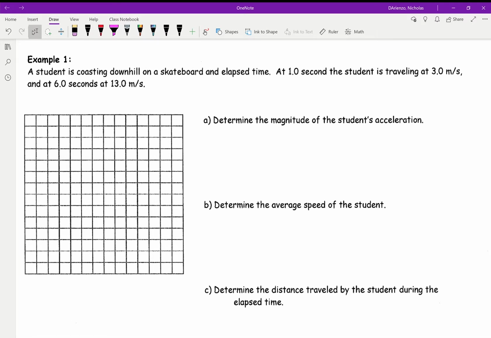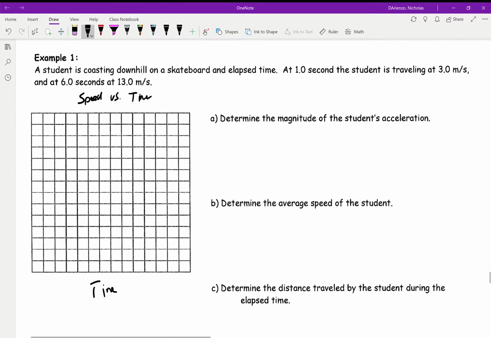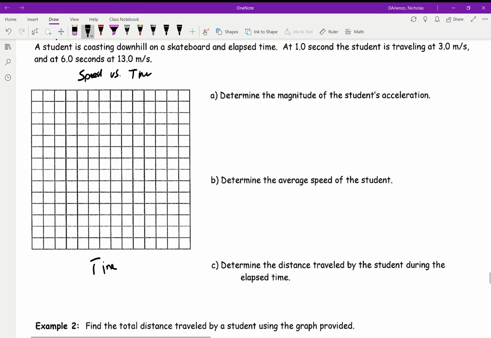So let's set up a graph here to show this. We're going to do speed versus time. We'll put time down here. We have to go from 1 second to 6 seconds. We'll start with a 0 here. 1, 2, 3, 4, 5, 6.